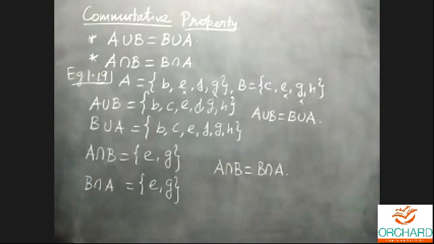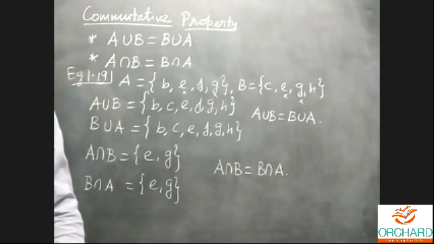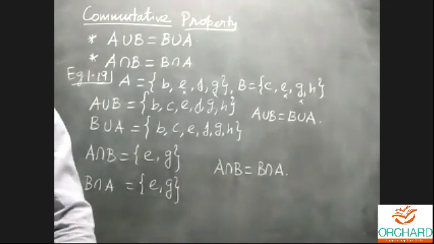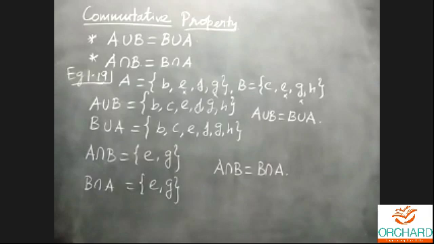Next example 1.20. That I'll also explain with both union and intersection. With a single example, I'll explain both ideas. I'll do one more problem, and I can easily connect the ideas. Example 1.20, I'll do with the associative property with intersection.